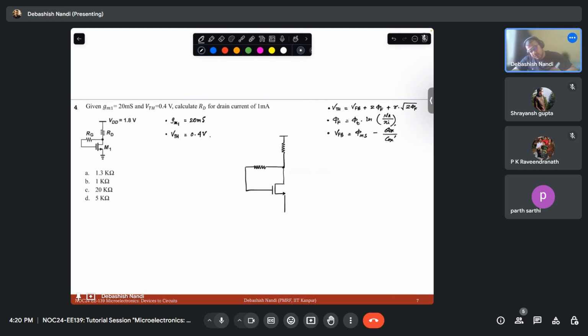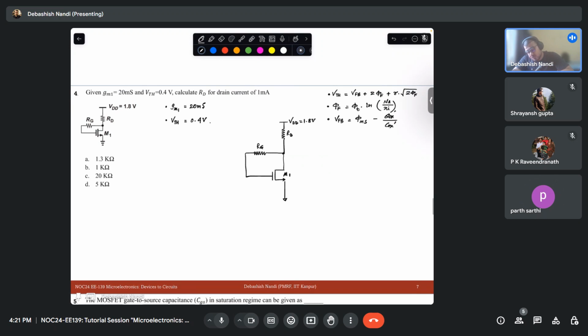Okay. So anyway, just to make sure that you keep track of what is going on, I keep repeating these things over and over again. So this is your RG, this is your RD, this is your VDD, and this is your M1. I think this is how it is given.